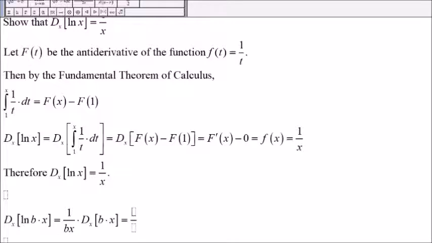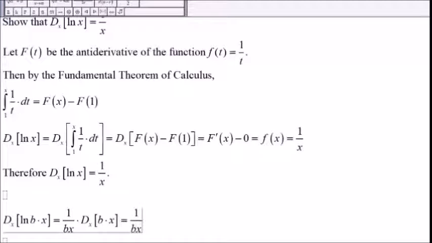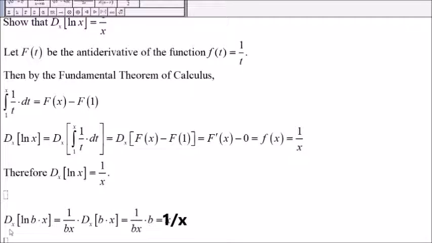And so we get 1 over bx times b, which is 1 over x. And we'll need this result in a few minutes.